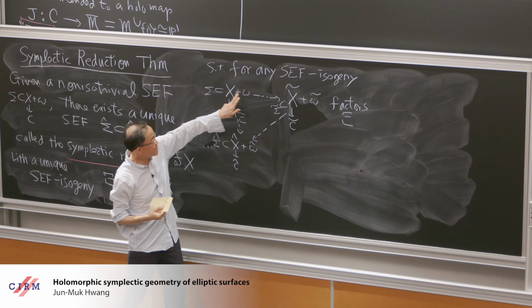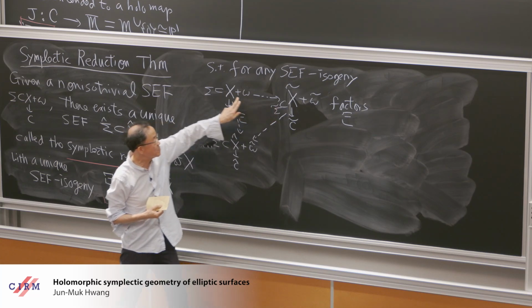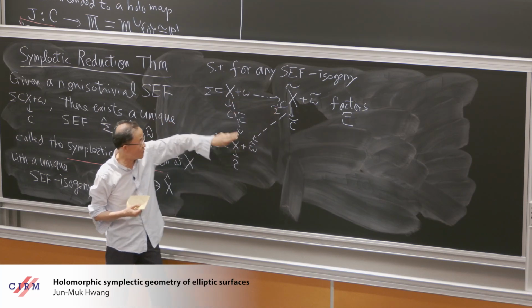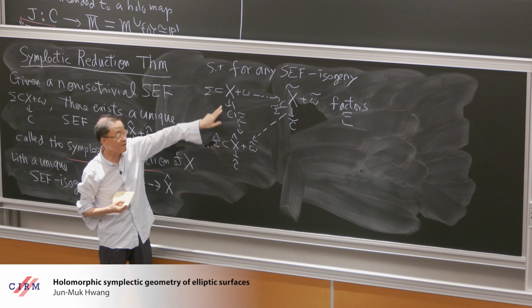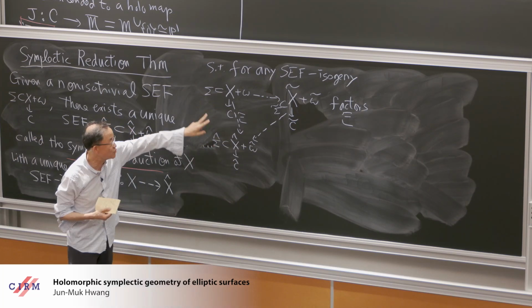So if you have any isogeny, it must factor through this isogeny, the symplectic reduction.